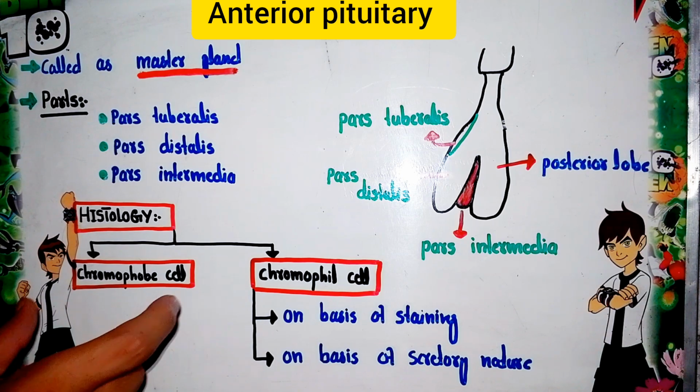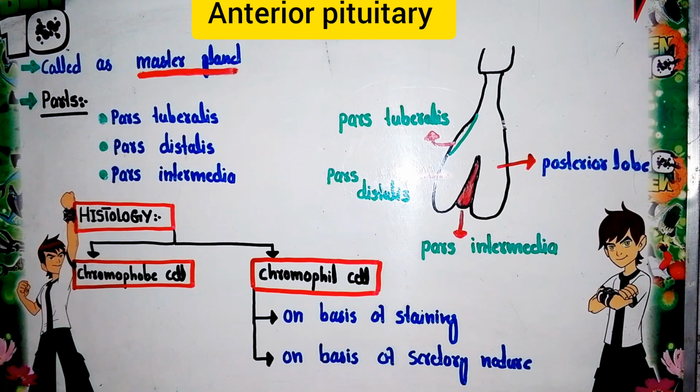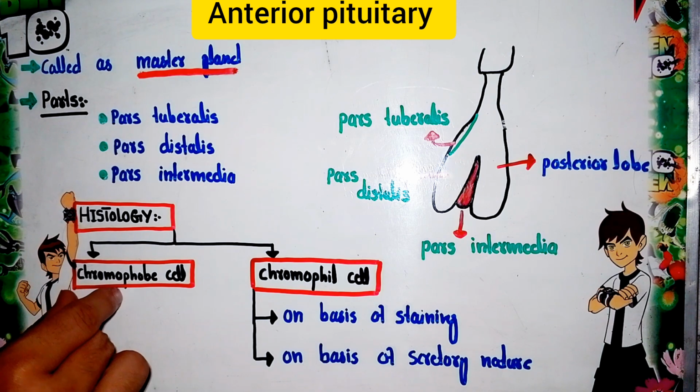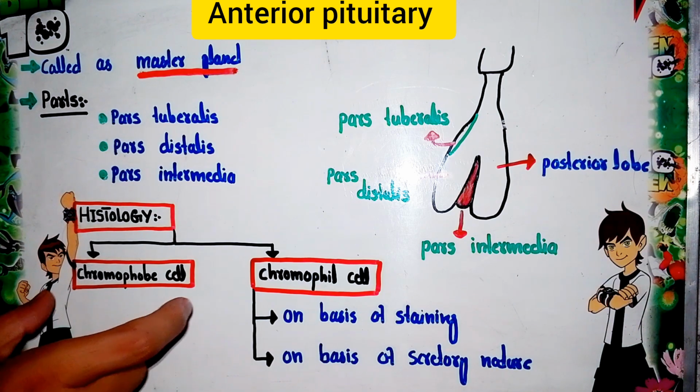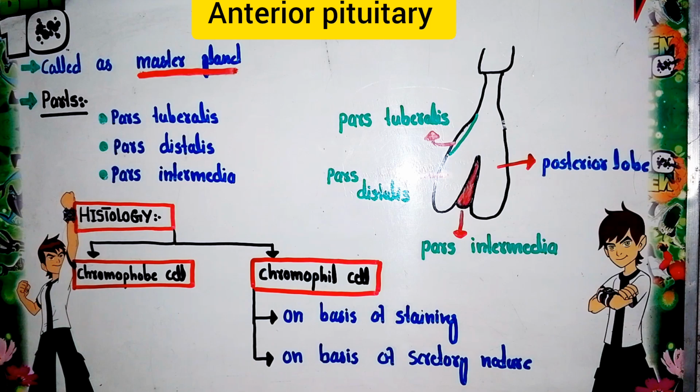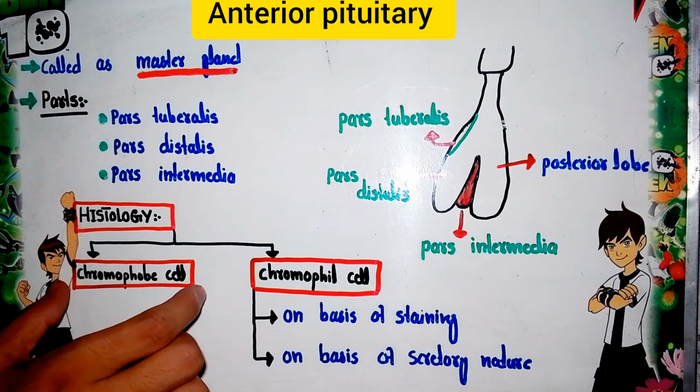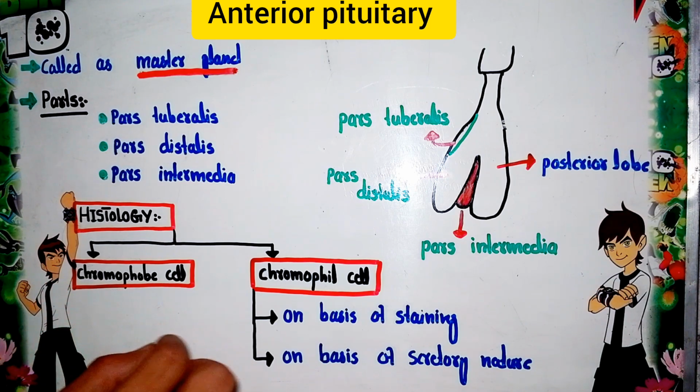The first one is chromophobe cells, and the second one is chromophil cells. Chromophobe, as the name indicates, chromo means color, phobe means fear. These are cells that don't have any granules, and they don't take any stain. Such cells are called chromophobe cells, and these chromophobe cells are considered the precursors of the chromophil cells.